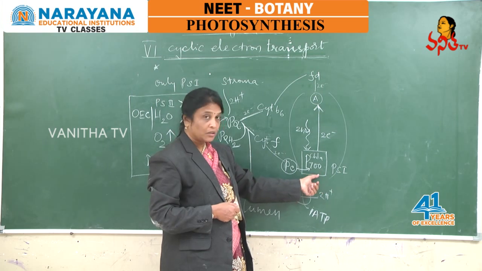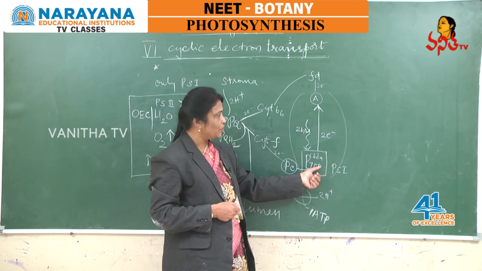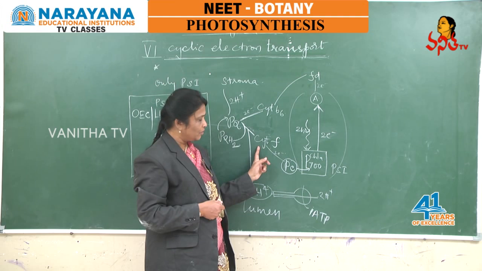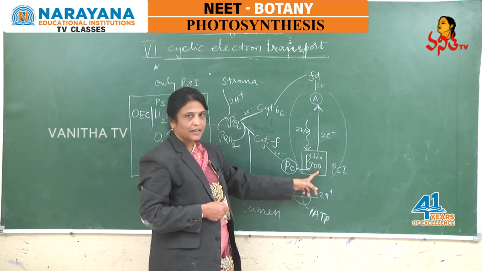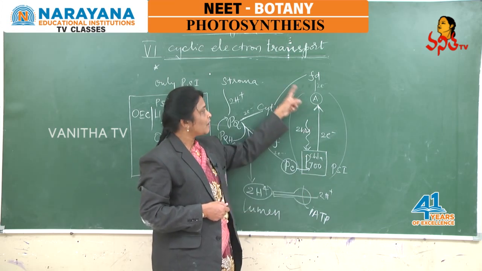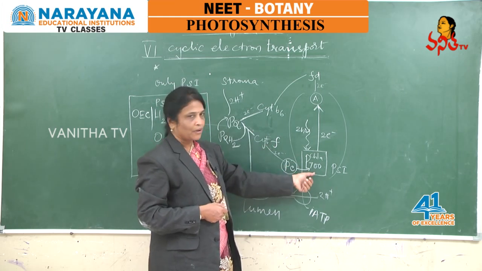So here as we conclude, the 2 electrons liberated from the P700 molecule, through various electron carriers including plastoquinone, finally go back to their original home, that is the excited P700 molecule. So it is a kind of cyclic transport of electrons, and that is cyclic electron transport.